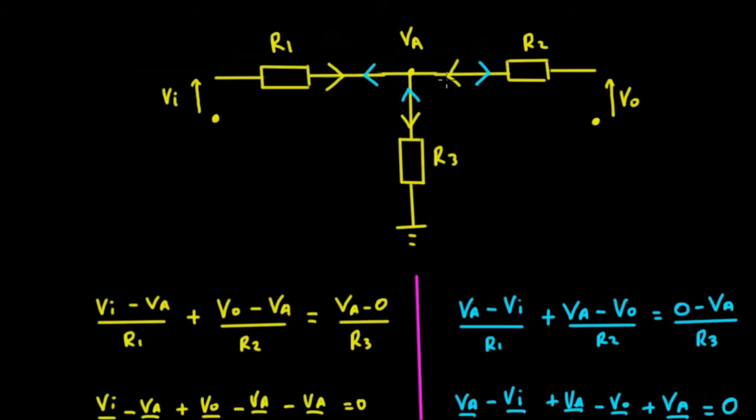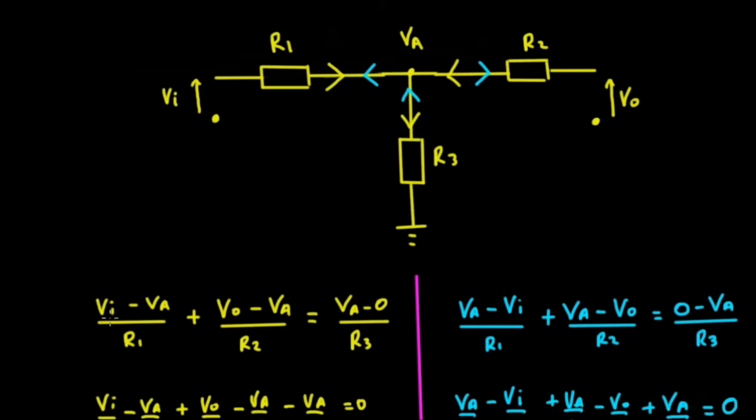So that current plus that current, according to Kirchhoff's current law, must equal the current flowing out of this branch. So the current flowing out of this branch here, we could define that current as in this direction here, down the way, which would be our VA minus, well that's just a ground, so which is 0 divided by R3.